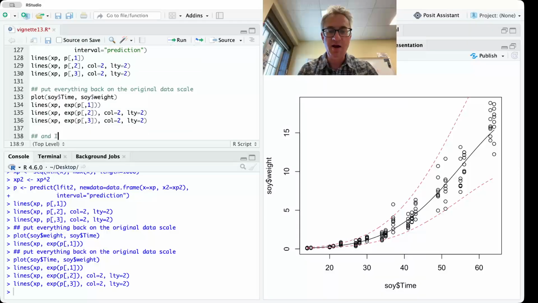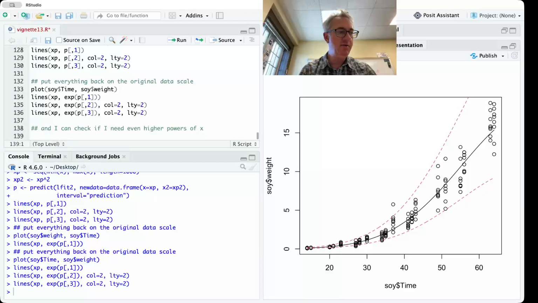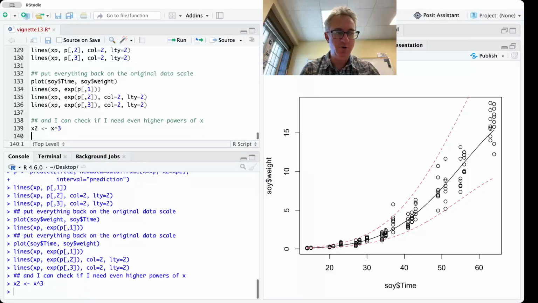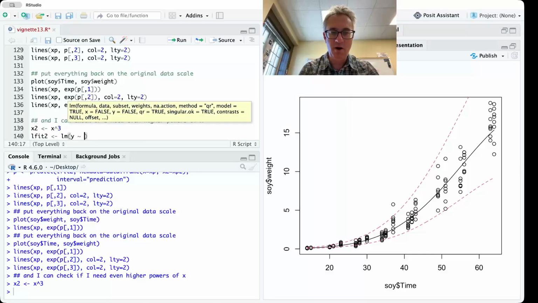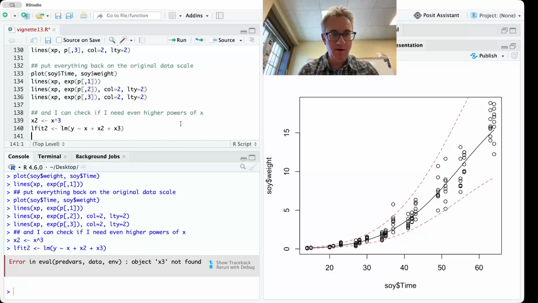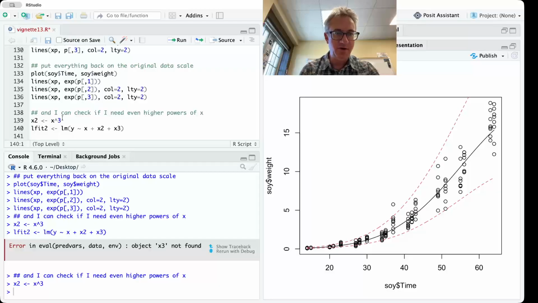And I can check if I need even higher powers. Right? I can make an x3 that is x cubed, and then I can go look at the fit that I get from y and x squared and x cubed. Oops, I called that x2.